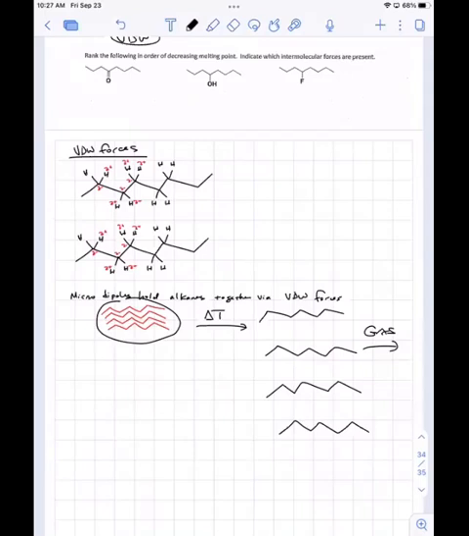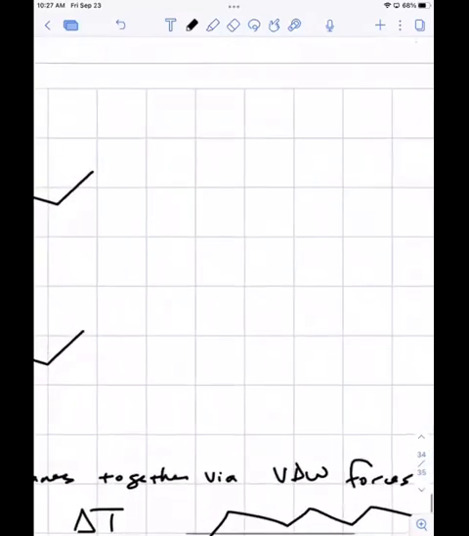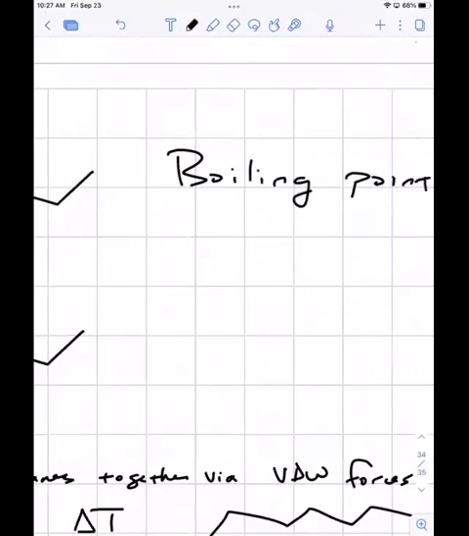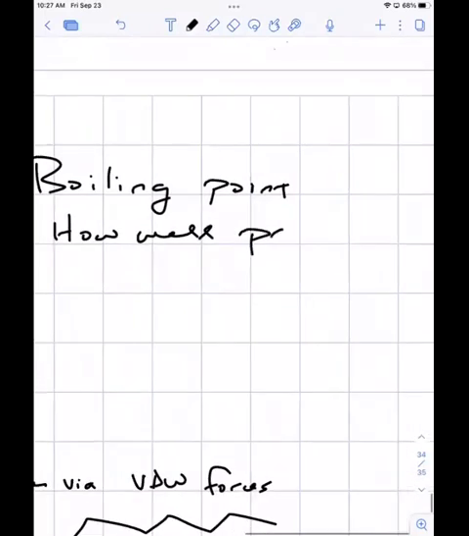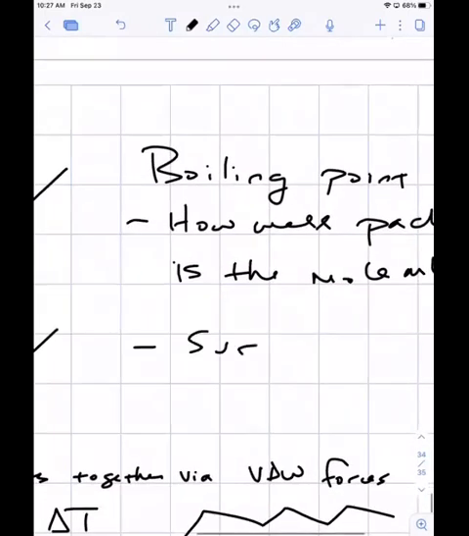So with van der Waals forces, what you have to think about is how well a molecule packs together, right? That's when we're talking about boiling point and melting point and physical properties. For the boiling point, we want to think about how well these things pack together. And we want to think about surface area.